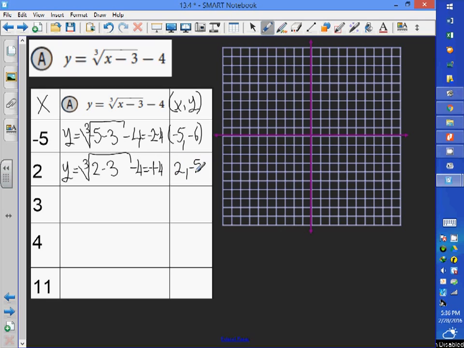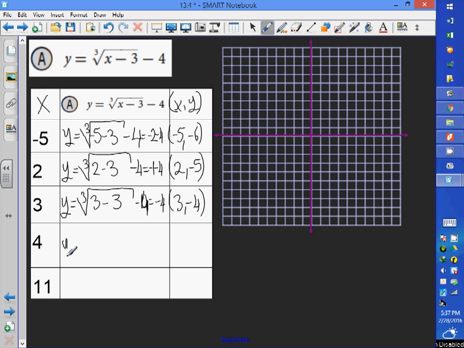So 2 with negative 5. Then y equals the cube root of 3 minus 3, which is 0. The cube root of 0 is 0, minus 4, which is negative 4. So 3 with negative 4.